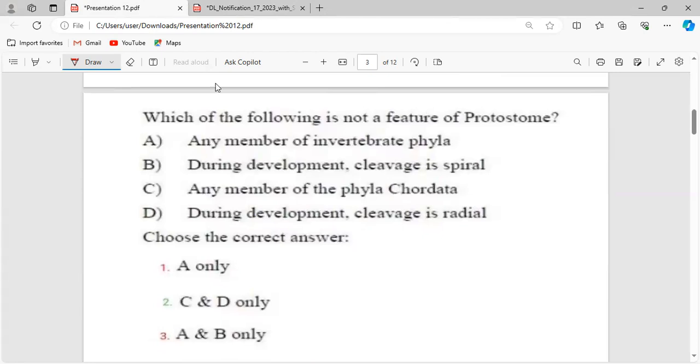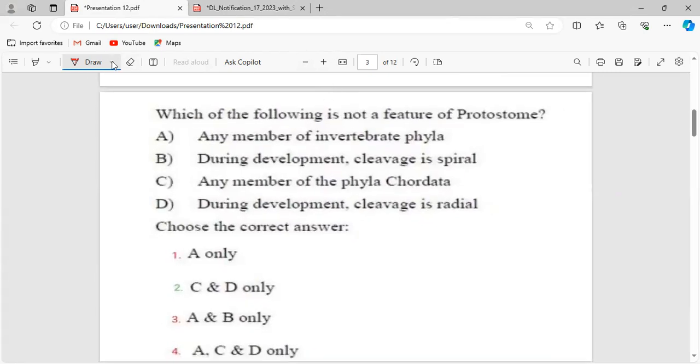And the next one is not a feature of protostome. I have explained what is protostome and deuterostome, and here in this question, they have asked not a feature of protostome. You didn't read a single word in the book about protostome, but you know the syllabus and some of the important characteristics regarding the protostome.